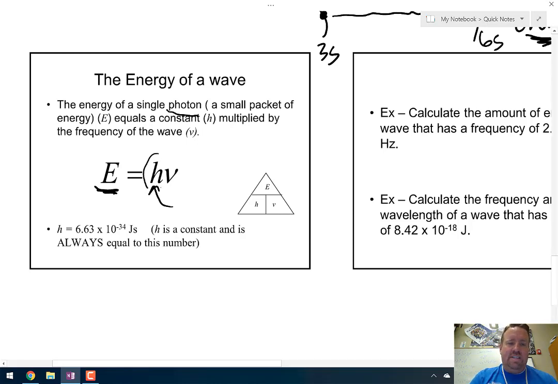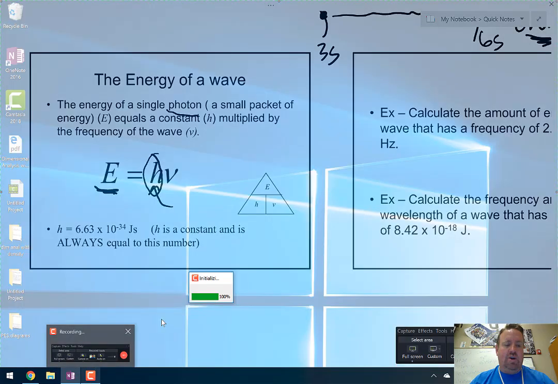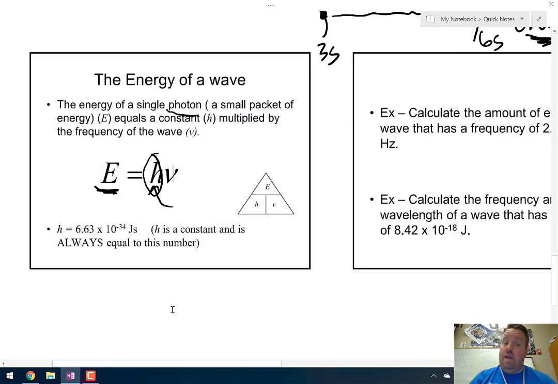It's kind of like the speed of light, in that it is a constant. It never ever changes, so it's always going to be the same number. Just like c is always 3.00 times 10 to the 8th meters per second, h is always 6.63 times 10 to the negative 34th.